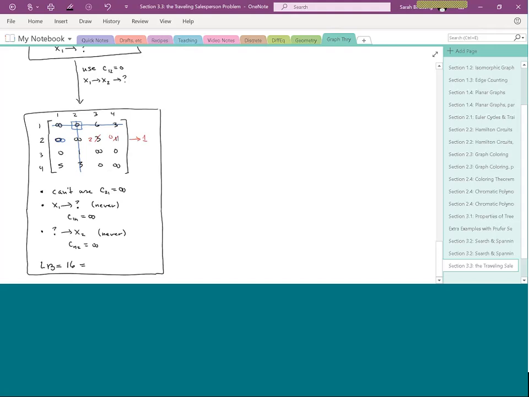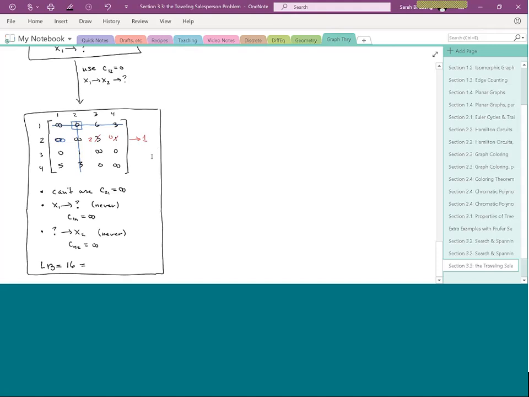Now, check the columns. Do all of the columns that are currently in play have a 0 in them? Do all of those remaining columns in play, so all the columns except for column 2, have a 0 in it? The answer is yes, which means there's no adjustment factor there for your lower bound.